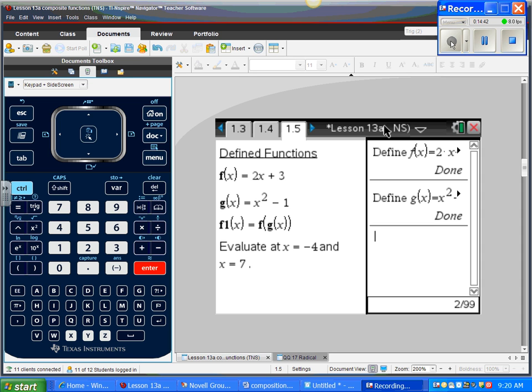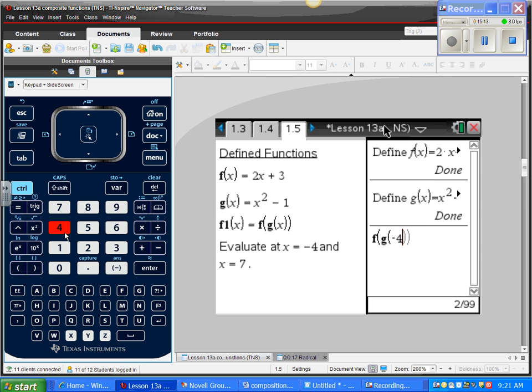Okay, so here comes the easy part. If I want to evaluate it at a number, this does not work when we're actually doing the composition, but if I want to evaluate it at a number, all I have to do is f of g of, so again, every time I say of, it's open parentheses, negative 4.